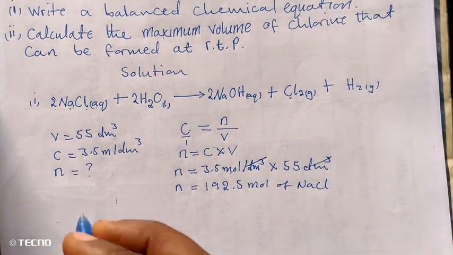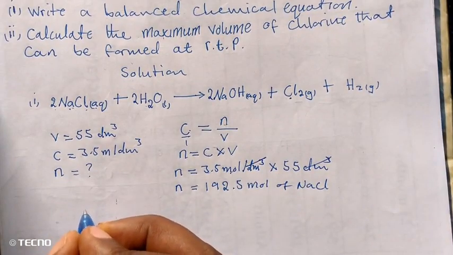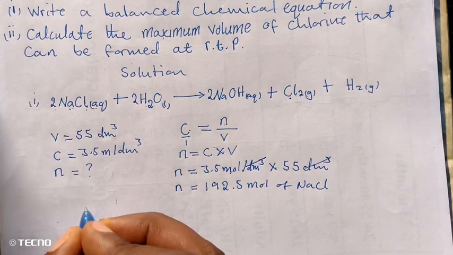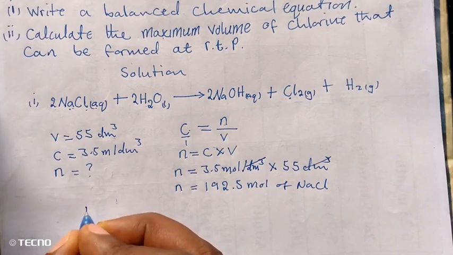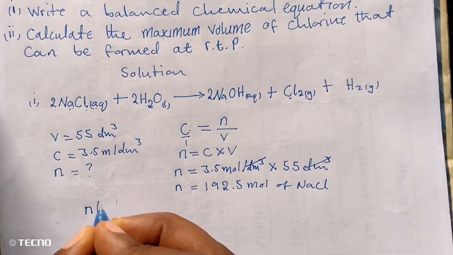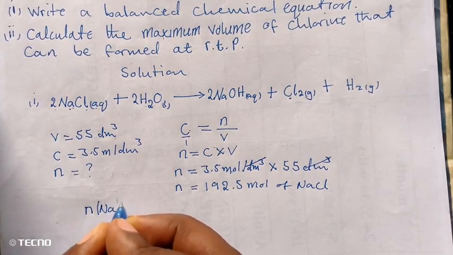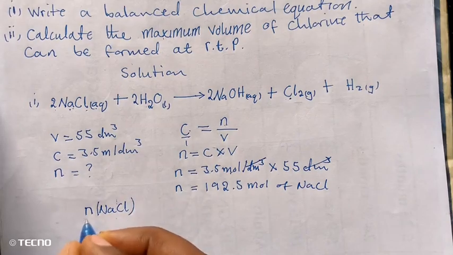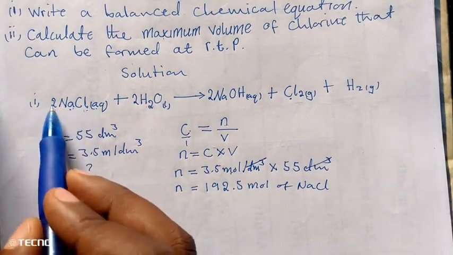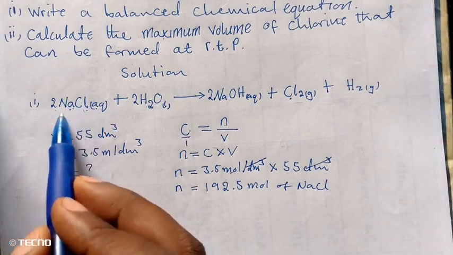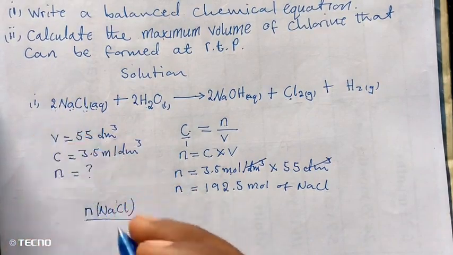We'll take a simple formula which will be like this. Moles of chlorine over the coefficient of chlorine, equals moles of sodium chloride over its coefficient. The coefficient of sodium chloride is 2.